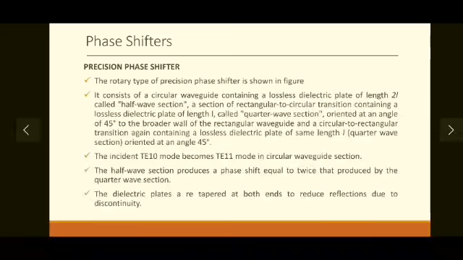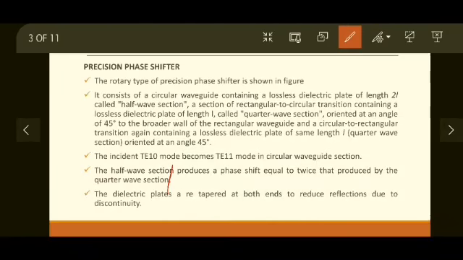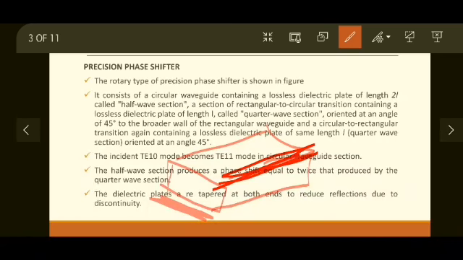The dielectric plate inside is oriented at an angle of 45 degrees to the broader wall of the rectangular waveguide. A broader wall means, suppose this is your rectangular waveguide, this is the broader wall, the wider wall.